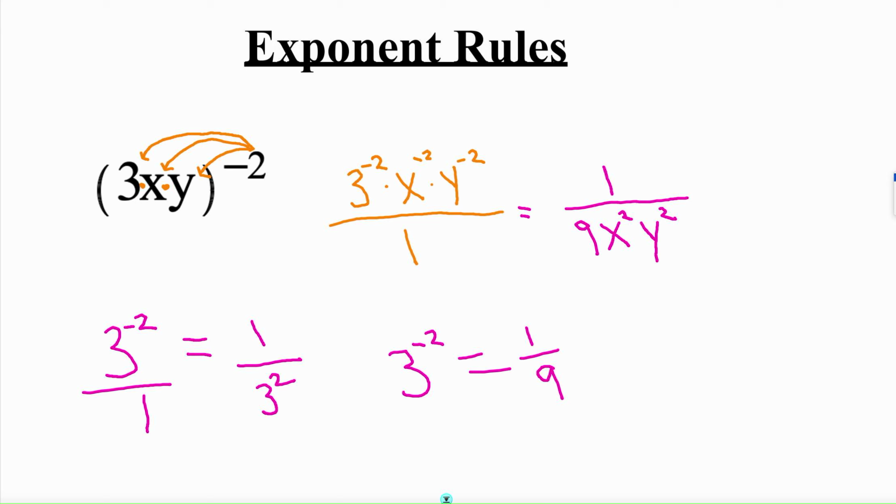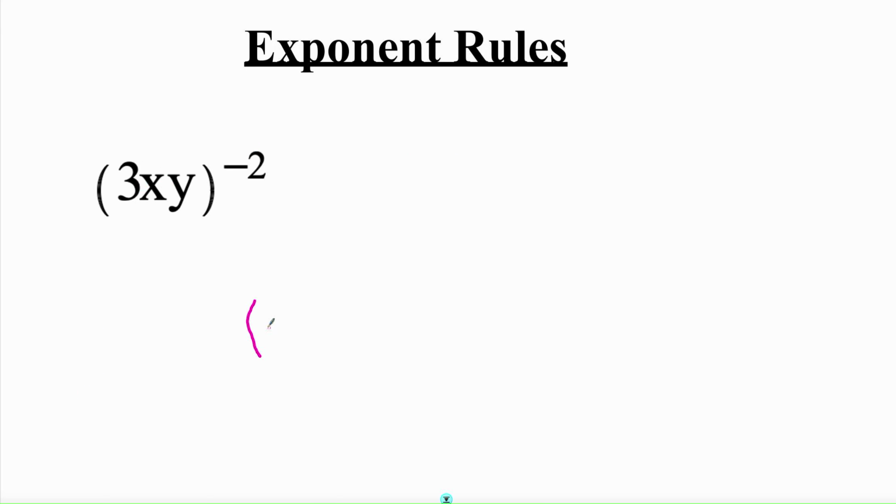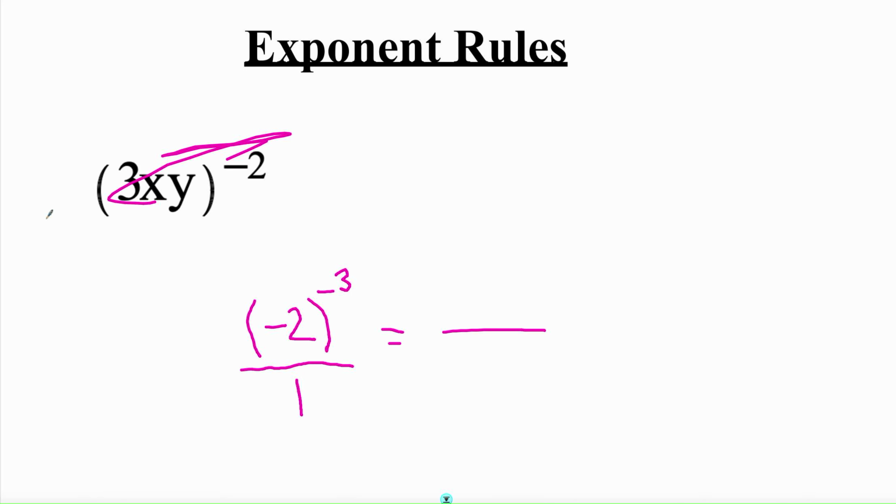So if I were to think of something like this, though, like maybe -2 to the -3. So since my base is negative, maybe my outcome is negative. So the first thing I'm going to do is I'm going to make that over 1, make it a fraction since it's not already. I am not supposed to have a negative exponent. And so I am going to take that -2 and make my exponent positive.